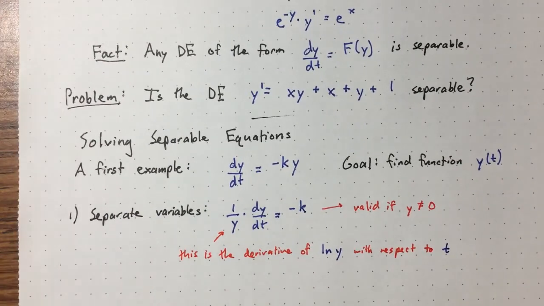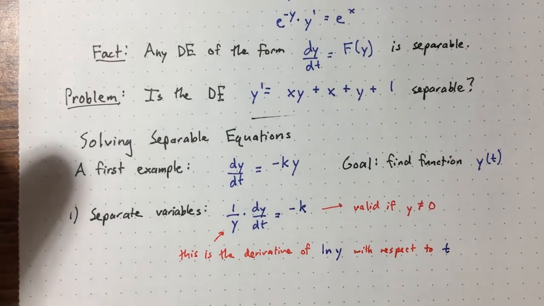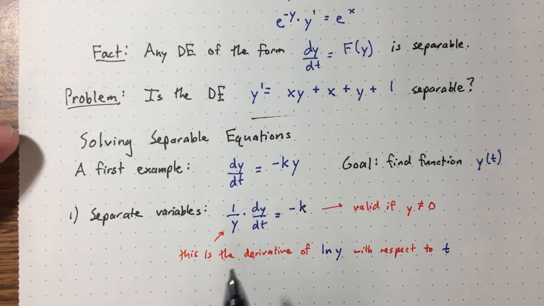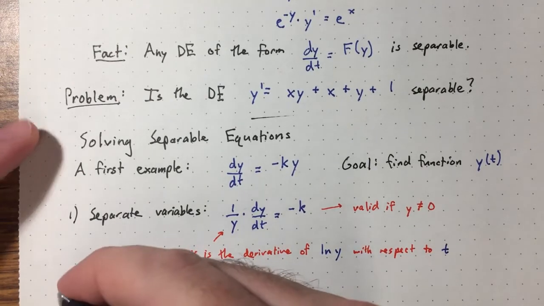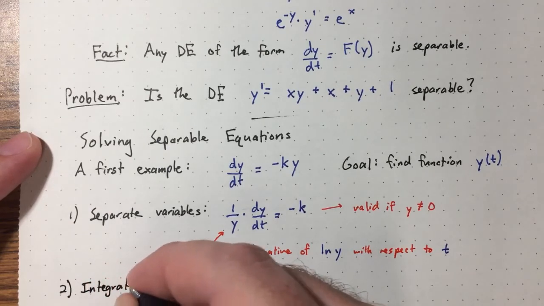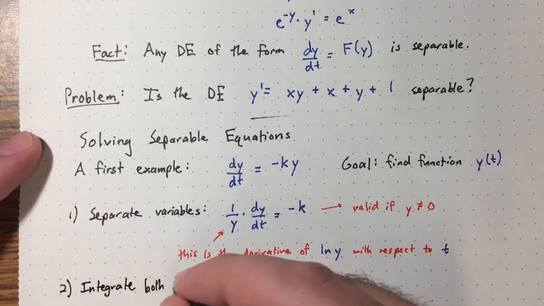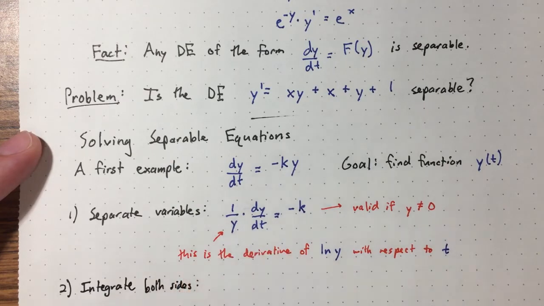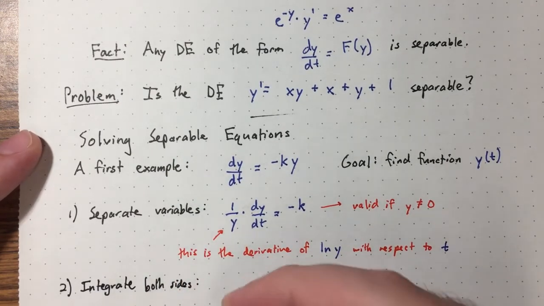And so that actually suggests what we should do next. So let's take advantage of this fact, and we're going to integrate both sides with respect to t.